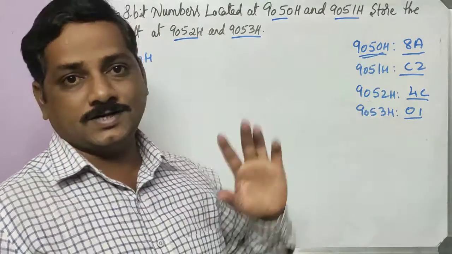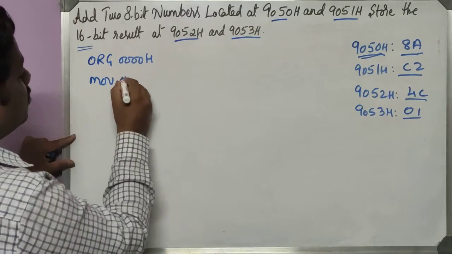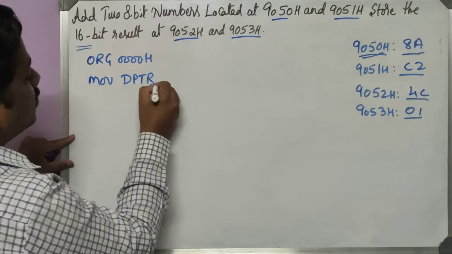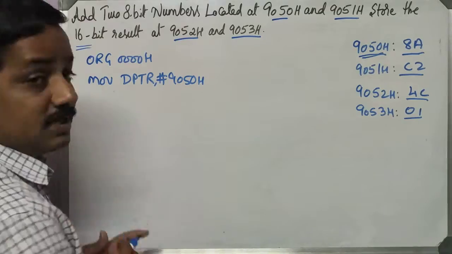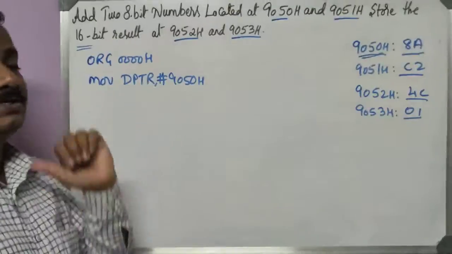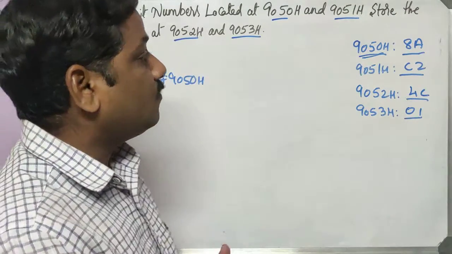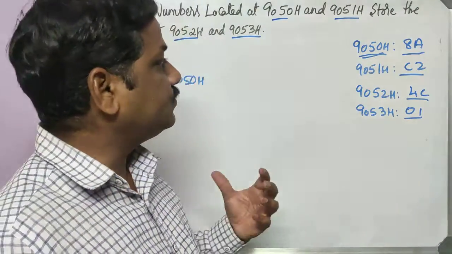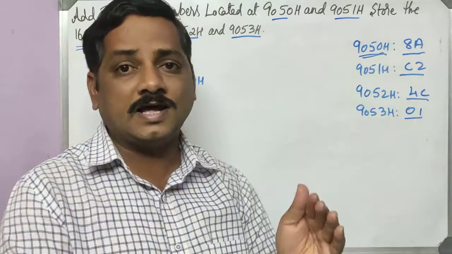So first I will take this address. So to do that, we can write an instruction called MOV DPTR, #9050H. So once you write like this, 9050H, that address will be assigned to DPTR. So that is the point. Now our intention is I should take the first and second number and add them.